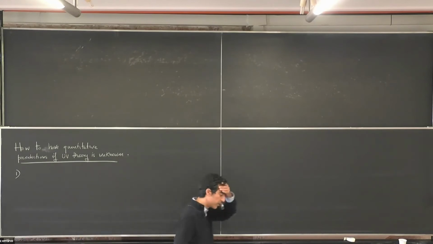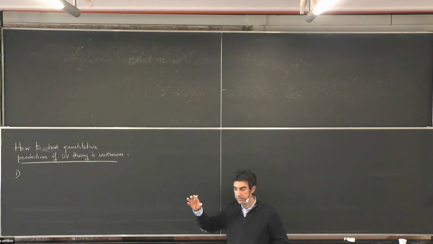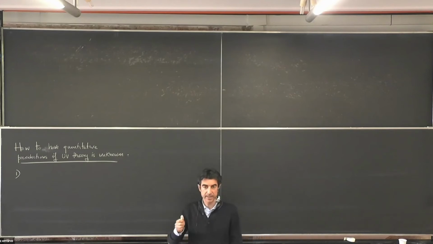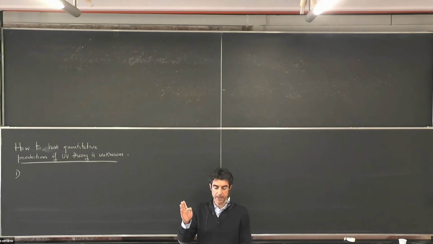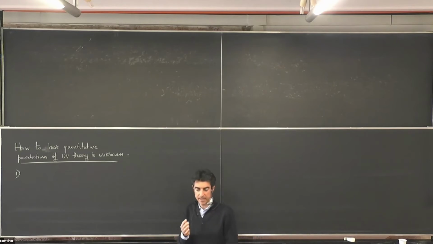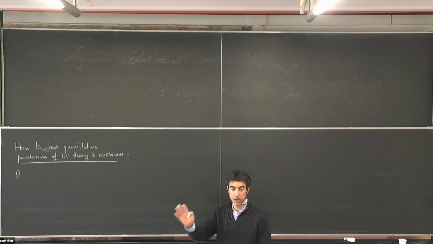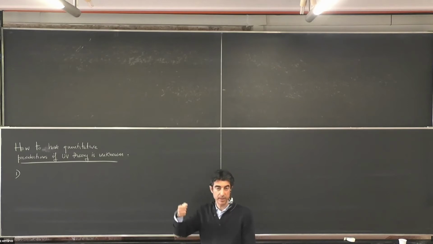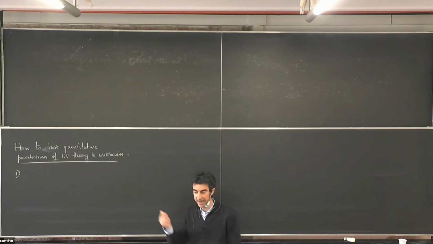Well, because the effective operators, as we explained, give contributions to observables which have a polynomial dependence on the momentum. And that's exactly because the operators are local operators. The fact that they are local means that they depend on powers of derivatives and fields, of course.